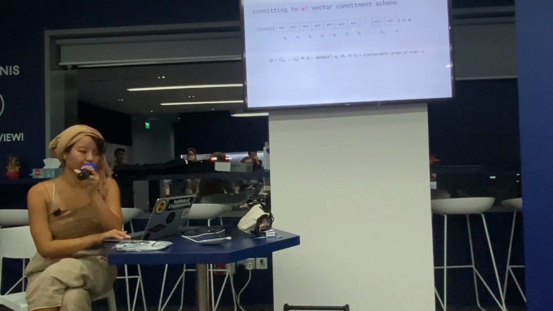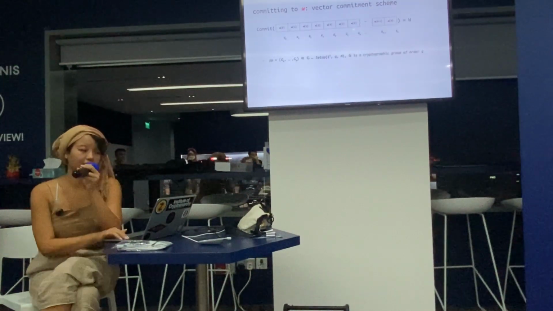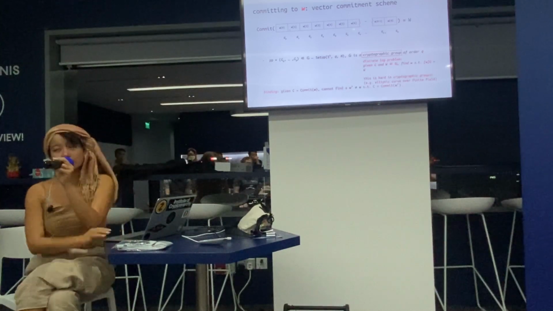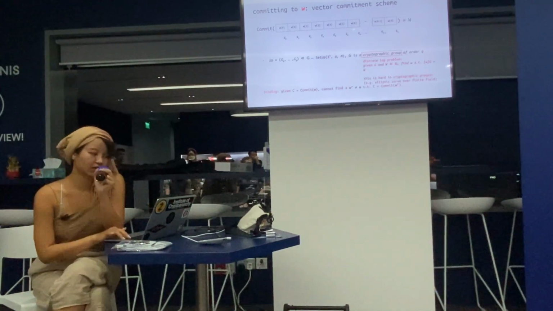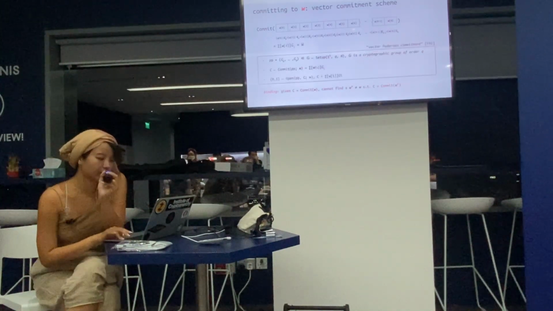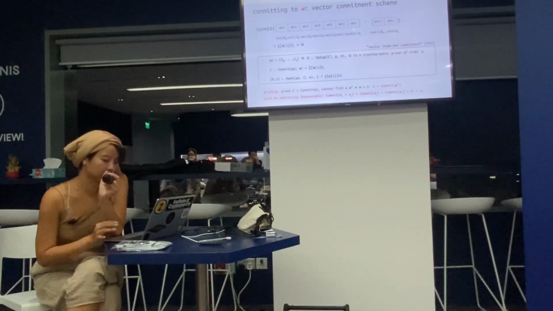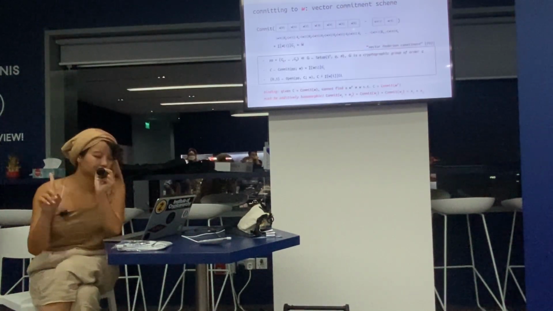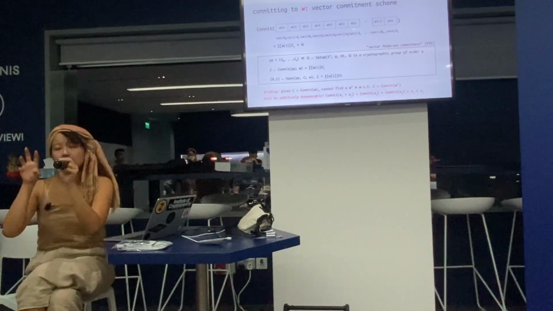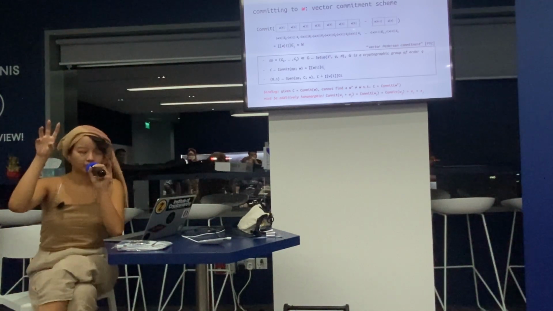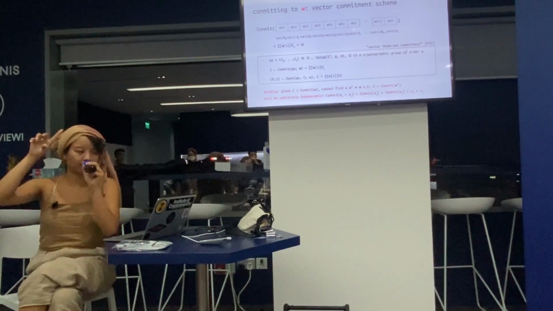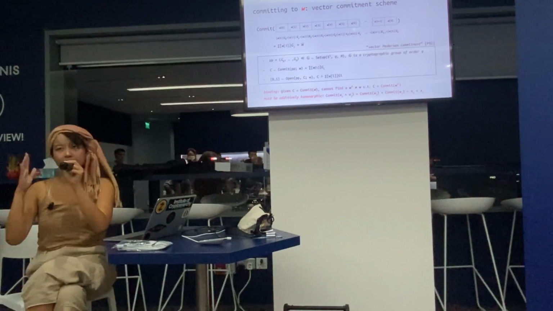But I'm going to skip over the details of how the commitment scheme works because it involves elliptic curve cryptography. The high-level properties that are important are, first of all, the commitment is constant size, even if the witness to which it commits is length n.